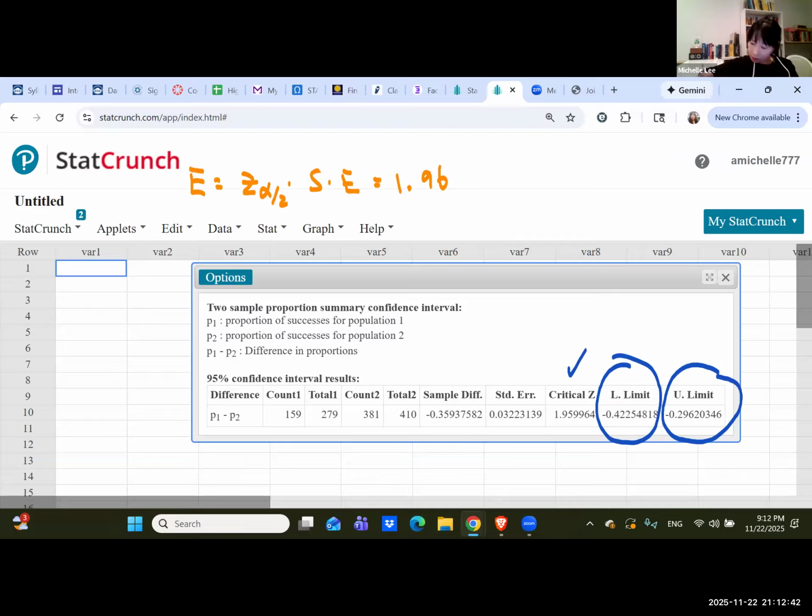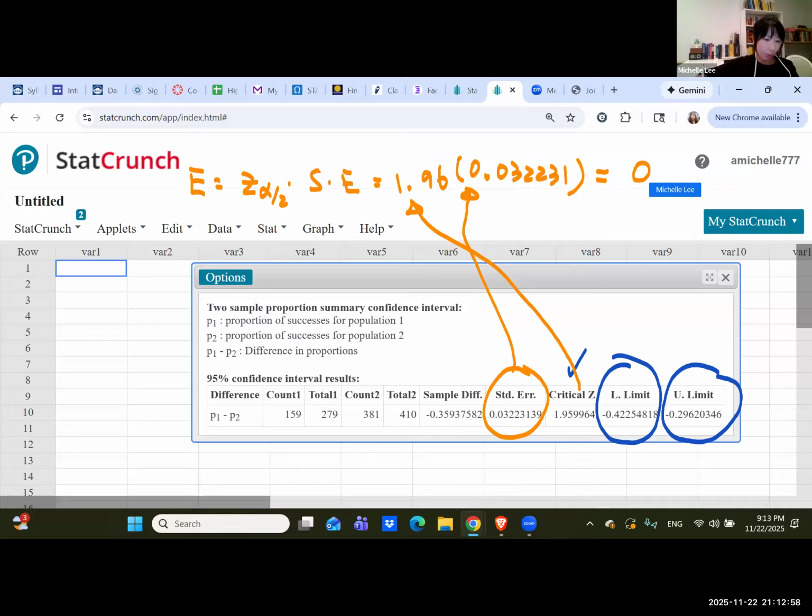So the standard error, we're using this one here, and then the critical value here. Then we get the same answer: 0.032231, then same as earlier, 0.063169. So there is one way you can do the margin of error.